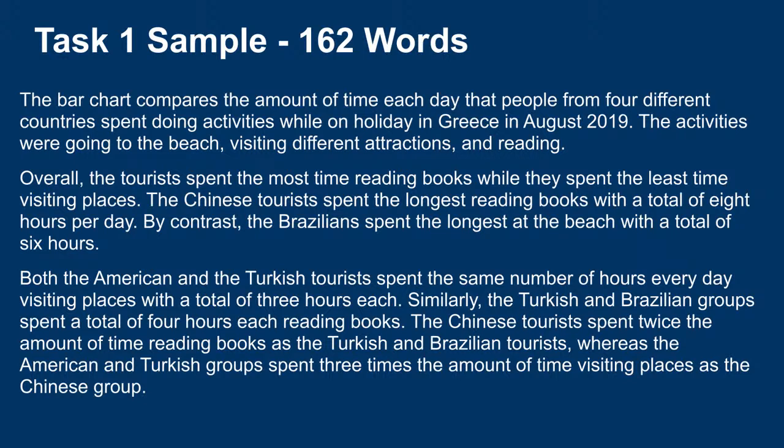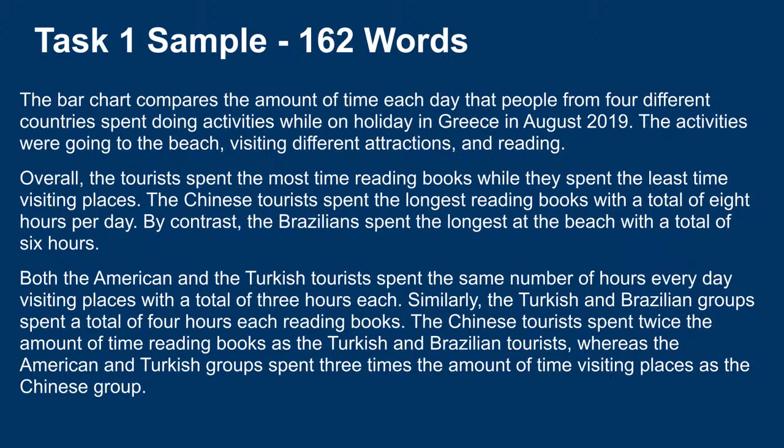All right, so this is summarizing. It's not summarizing the data. It's just a basic summarization of what this graph is about. It's a bar chart comparing the amount each day from 4 different countries doing activities.